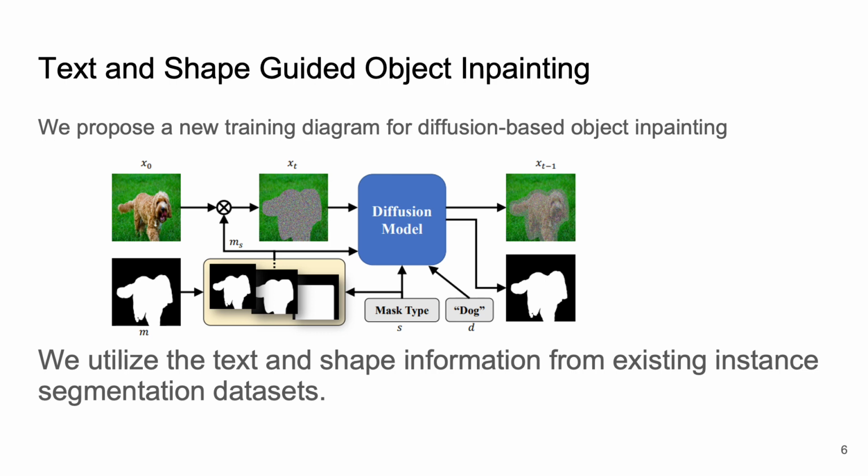During training, we mask the objects, add noise on the objects, and then input the mask and its corresponding object label. For example, here we have a dog as the category label, so we input this text prompt into the diffusion model and train the model to denoise it. Therefore, we are sure that the generated object during inference will align with the text prompt and also follow the shape of the input mask.